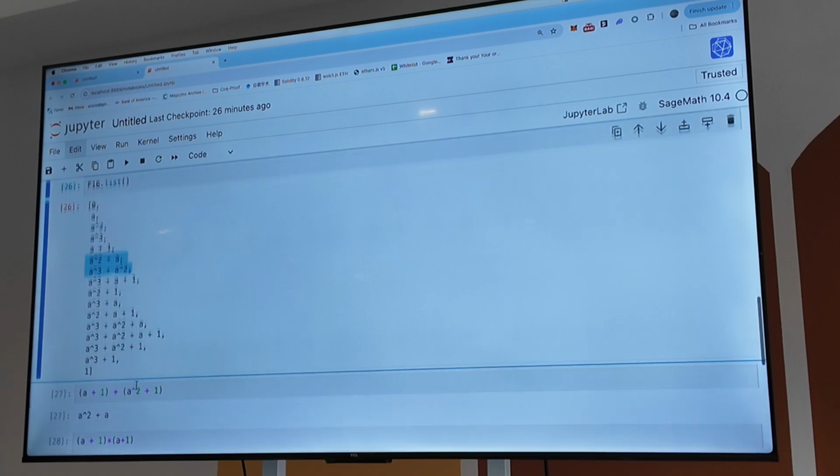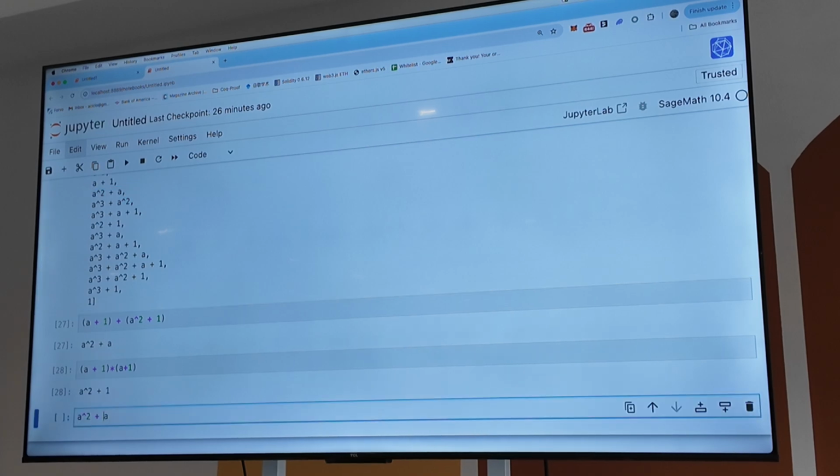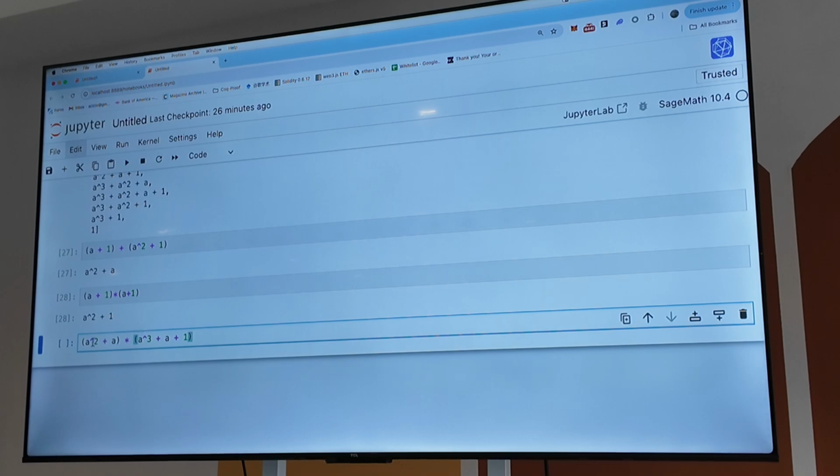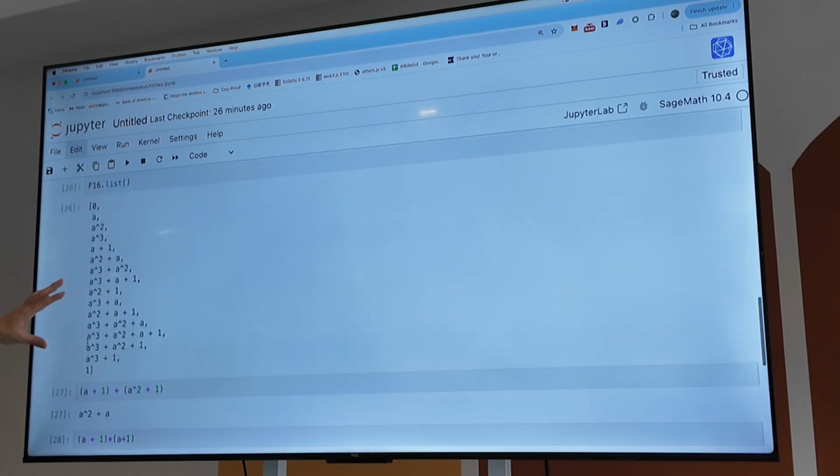For example, a squared plus a times a cubed plus a plus 1. If the multiplication is a polynomial multiplication, we'll get a polynomial with degree 5. But the result polynomial is not an element of F16.